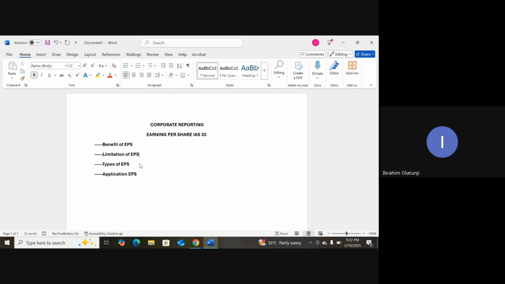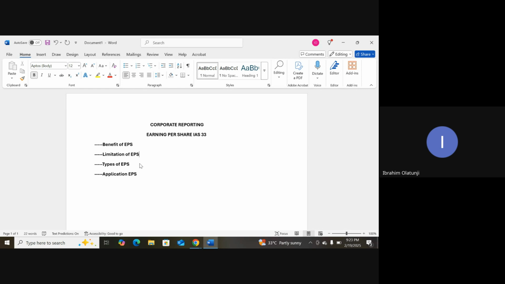So we need to talk about the application of earning per share. According to IAS 33, because IAS 33 is only applicable to companies that are listed or quoted on the stock exchange market. So when we say IAS 33, we are referring to earning per share.